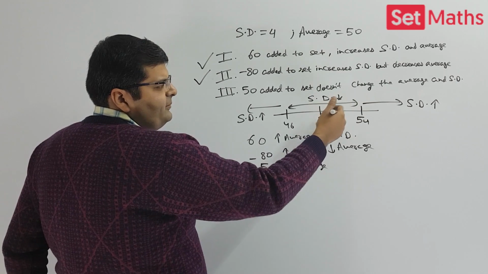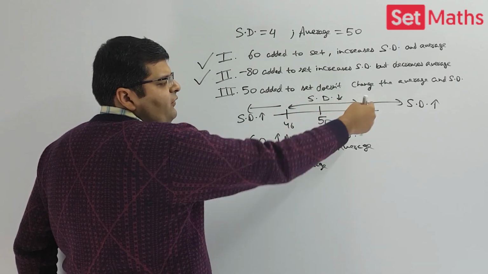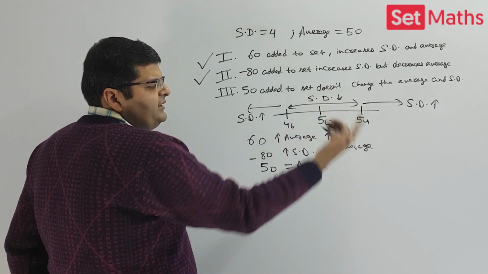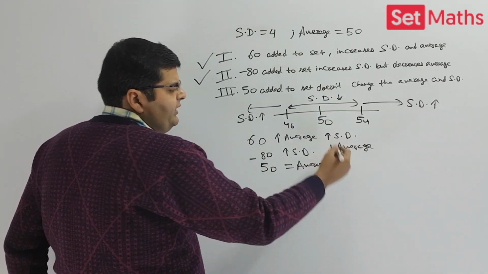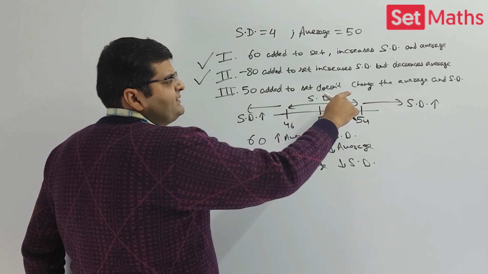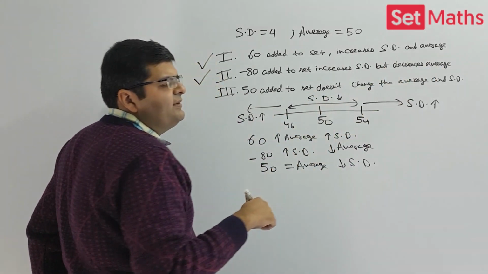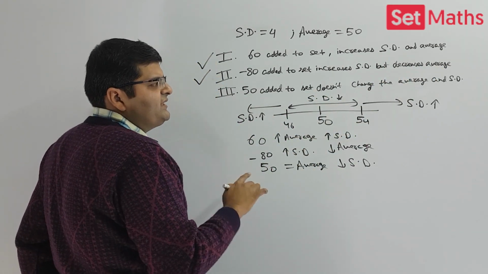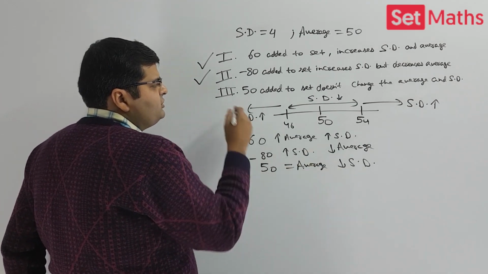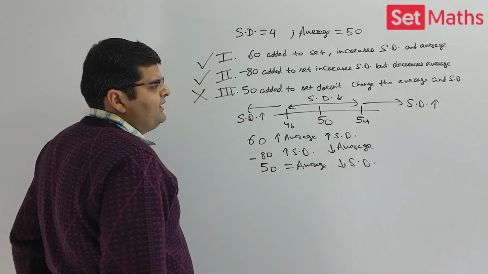Also, you can see from this figure that 50 is lying between 46 and 54, and any value lying between 46 and 54 decreases the standard deviation. This option says that both the average and standard deviation will remain constant, which is incorrect. Only the average remains constant; the standard deviation goes down. So option 3 is incorrect.